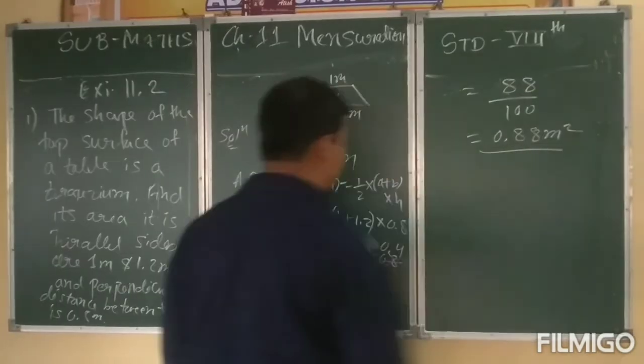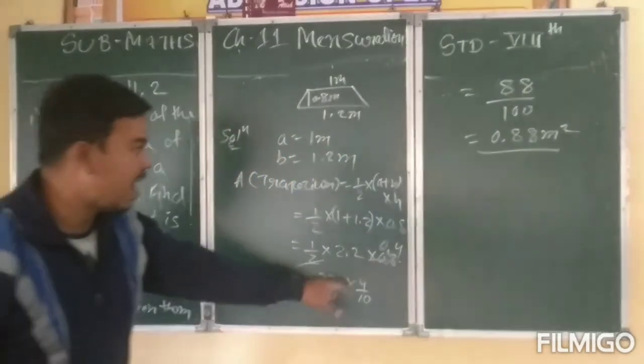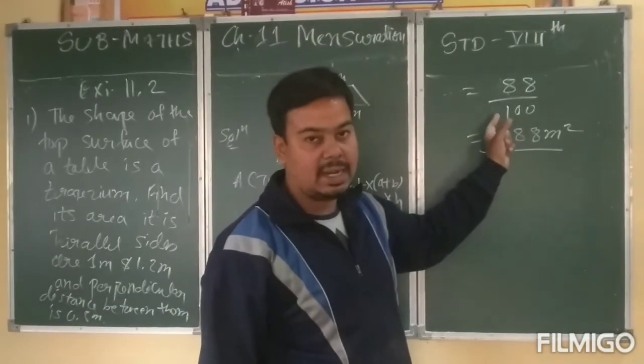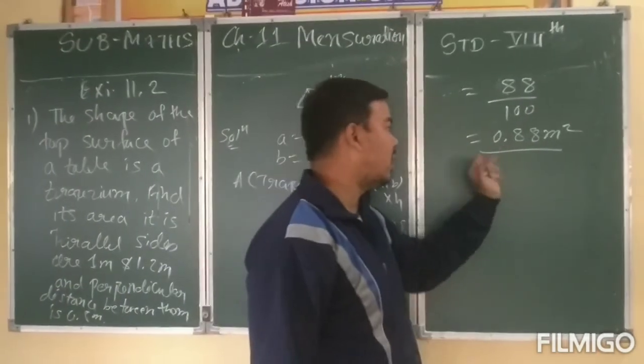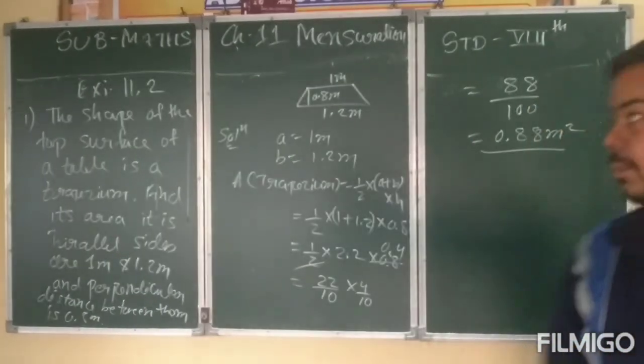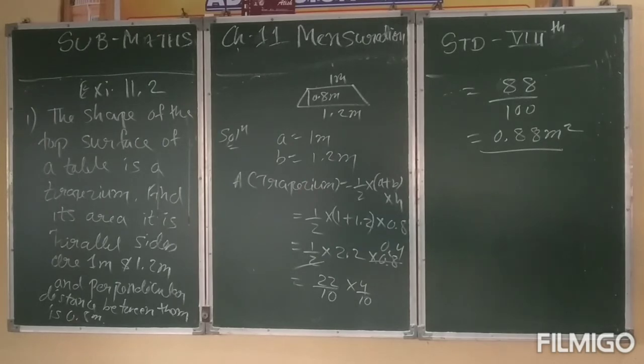So the denominator is 100, and in decimal form, 88 divided by 100 is 0.88 meter square. Okay.